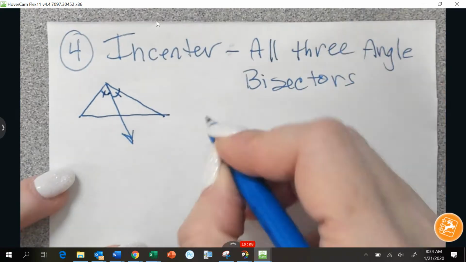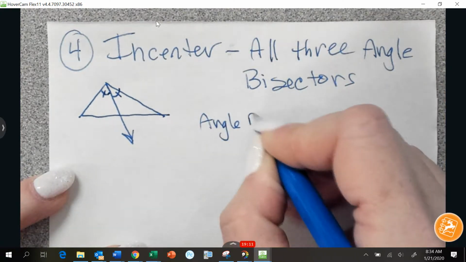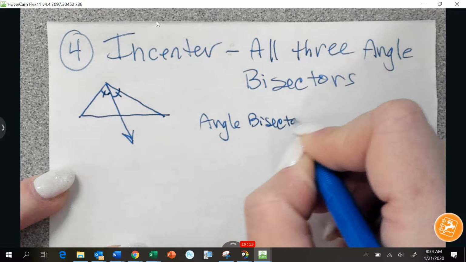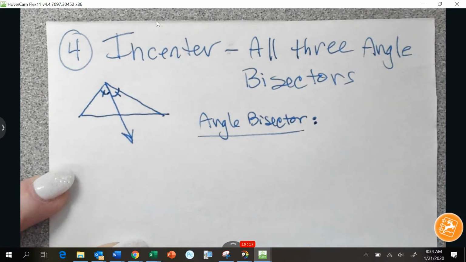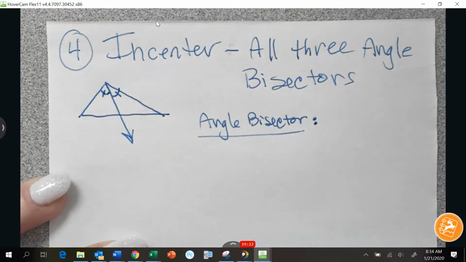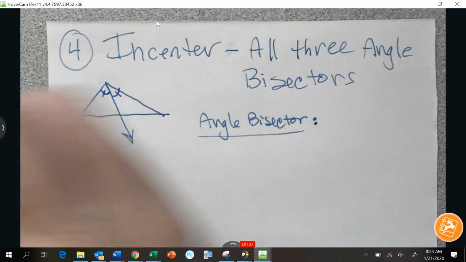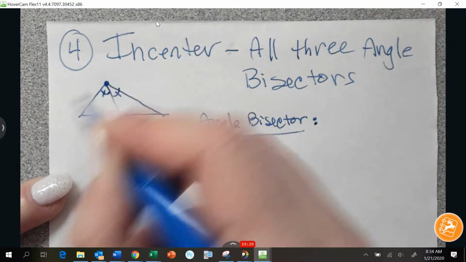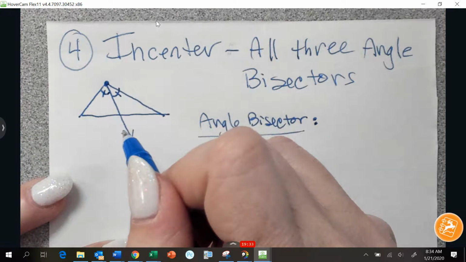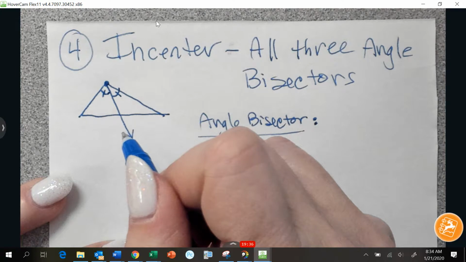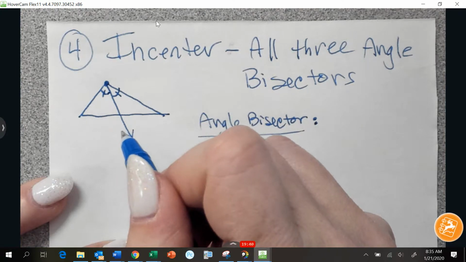And what's an angle bisector? Raylan, do you know what an angle bisector is? So it starts at the vertex, touches the angle. What's it do to the angle? Cuts it in half.